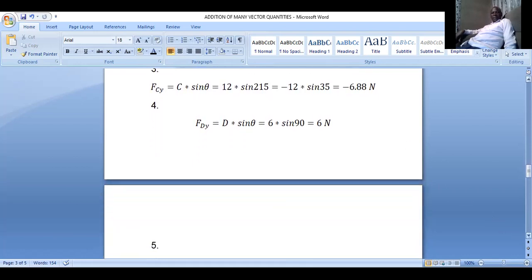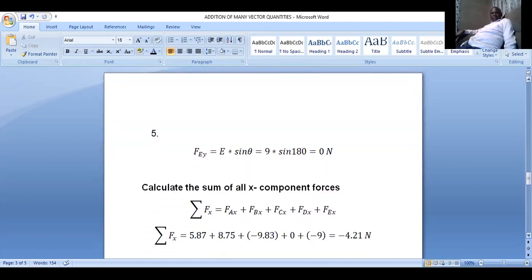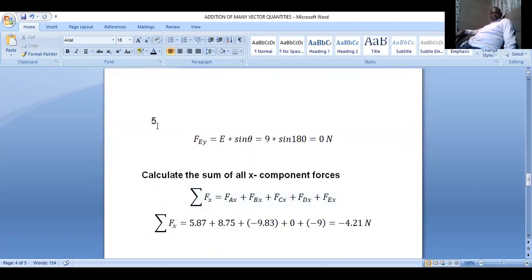Similarly, for force D, you notice that force D is at 90 degrees, so it will be 6 times sine 90, and sine 90 you know is 1, which gives us exactly 6 newtons. For force E, it is 9 times sine 180, which is actually 0, because sine 180 is 0.